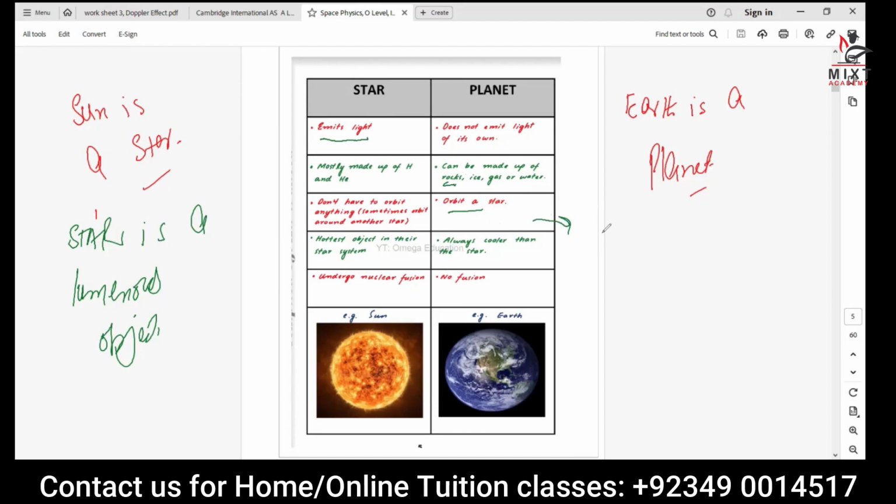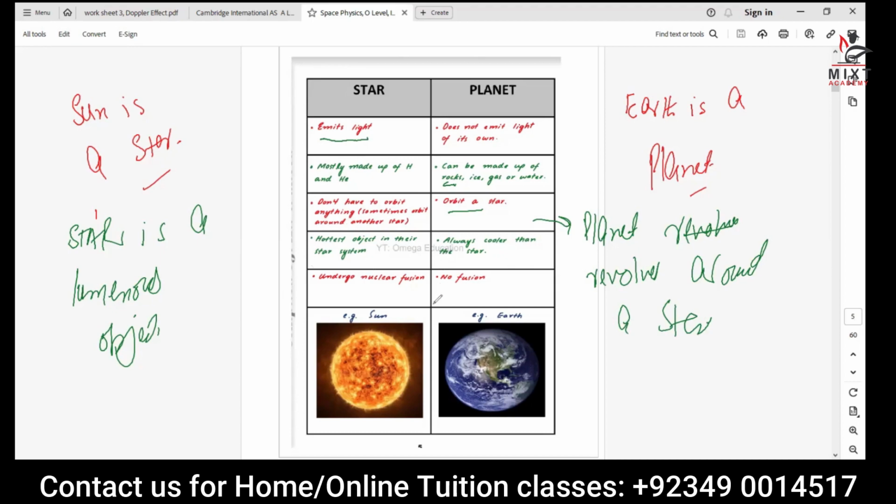It means planet revolves around the star, whereas star doesn't have to orbit anything, right?